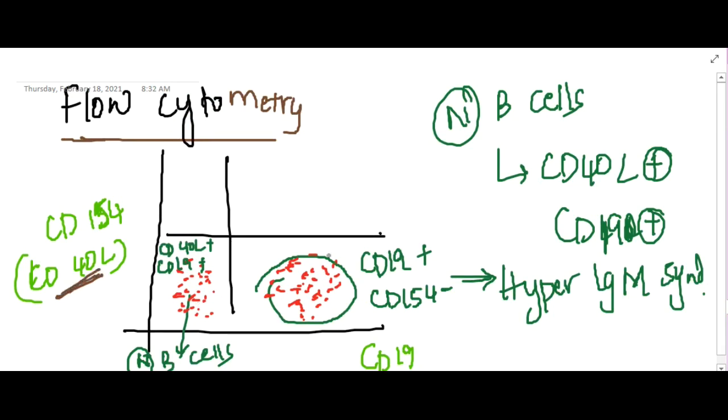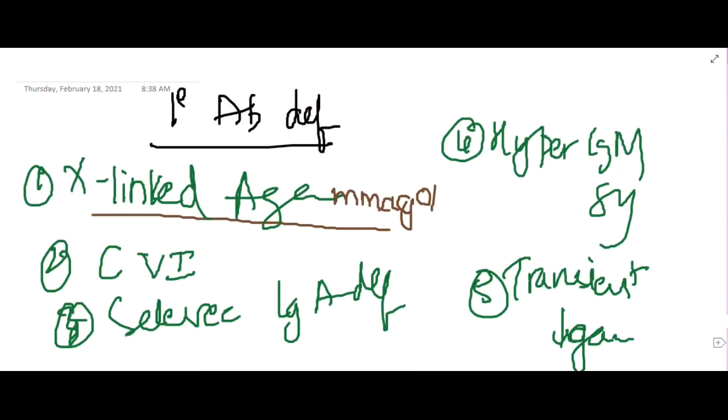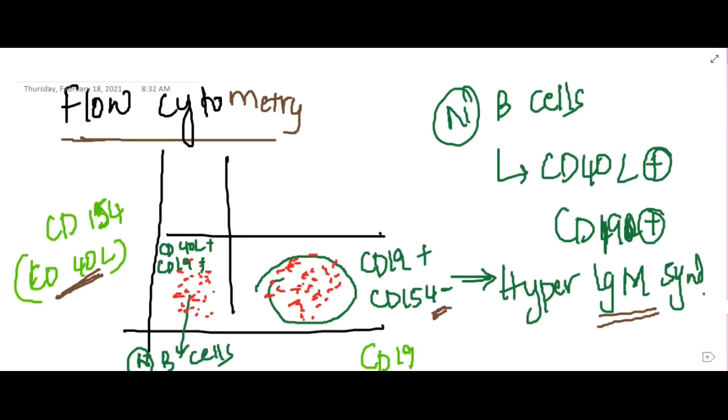But here these cells will not have CD40 ligand. When these are deficient or defective for CD40 ligand, then that will cause hyper IgM syndrome.